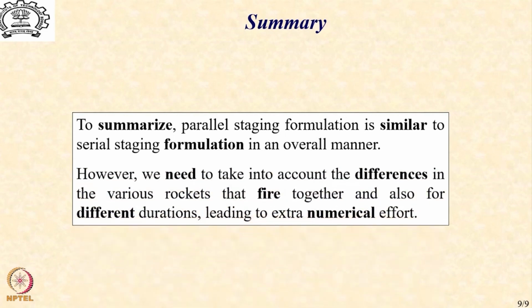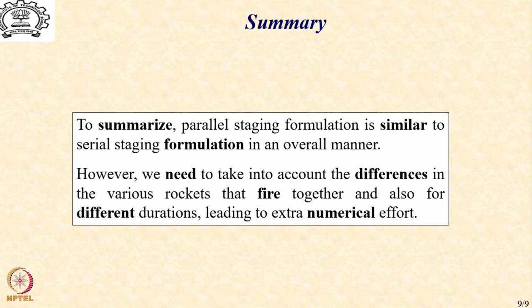However, we need to take into account the differences in the various rockets that fire together and create a single equivalent rocket stage configuration in terms of its total mass, the structural ratio, the payload fraction, and the effective mass flow rate as well as the effective ISP for that single stage.